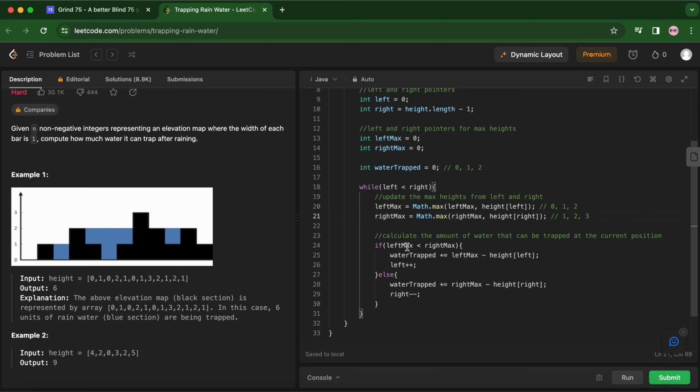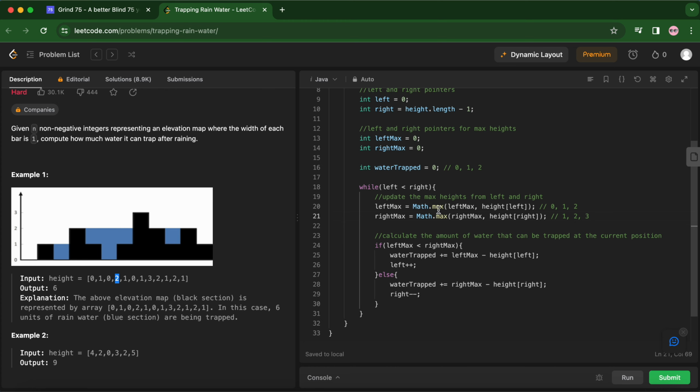If left max is less than right max, yes it is. Water trapped would be left max minus height of left. Left is pointing to this part, that is 0 1 2, this one. So left max 2 minus 2 would be 0, 0 gets added, water trapped is 2, left plus plus, left comes forward here.